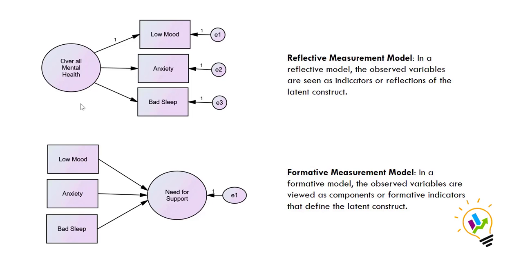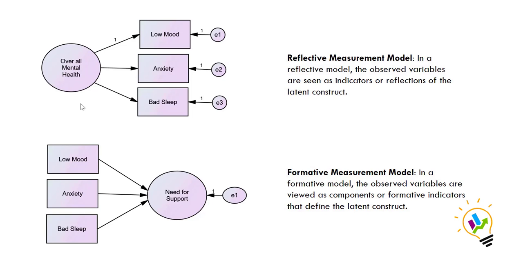It means low mood, anxiety and bad sleep, these three observed variables, reflect one unobserved variable, called overall mental health. This measurement model is called a reflective measurement model.